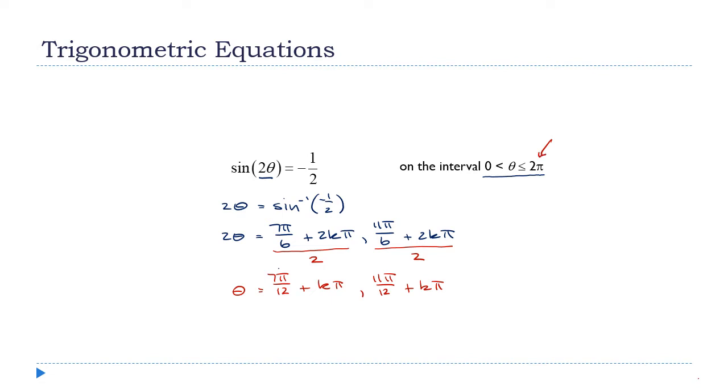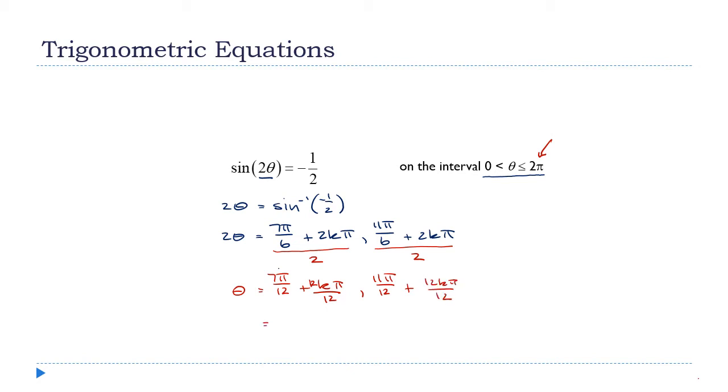Now there are obviously going to be fractions here. These work out easier if you combine the fractions now. So k pi over 12 is 12k pi over 12. I'm doing a common denominator.